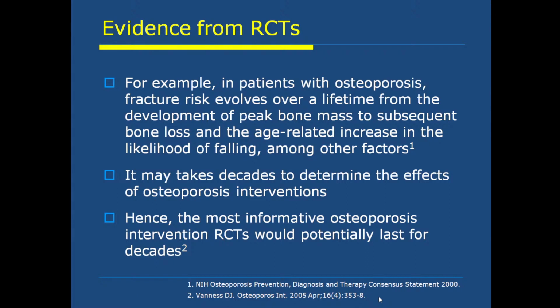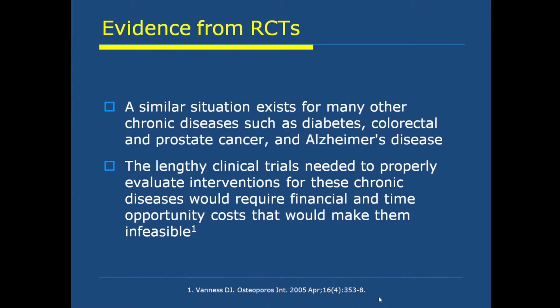Hence, the most informative osteoporosis intervention randomized controlled trials would potentially last for some decades. A similar situation exists for many other chronic diseases such as diabetes, colorectal and prostate cancer, and Alzheimer's disease, and other diseases also.